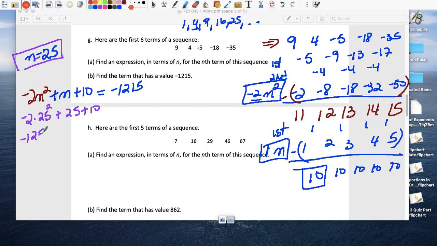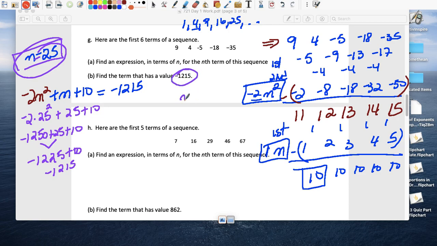Negative 1,250 plus 25 plus 10. Well, this is negative 1,225 plus 10 and negative 1,215. Oh, look at that, the first try. So what term has a value of negative 1,215? It is when n equals 25. You can do a little guess and check. All right.